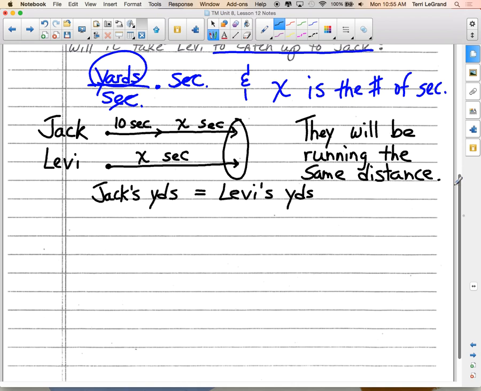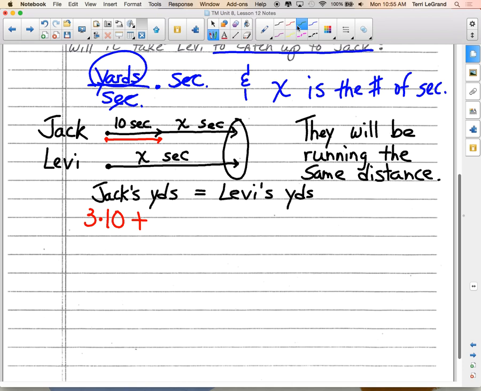How many seconds does he run the first leg? 10 seconds. Oh, well, we got to remember that he's got that going on. So we have 3 times 10. That's that first part right here. That's this part right here, we just did that. Plus, he runs until Levi catches him. He's still running. What are we going to write for the next part?